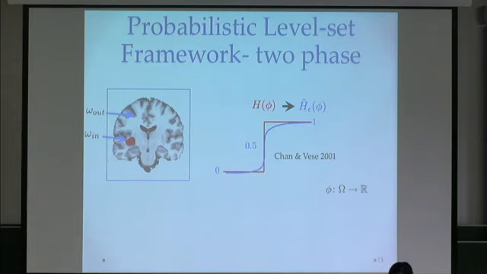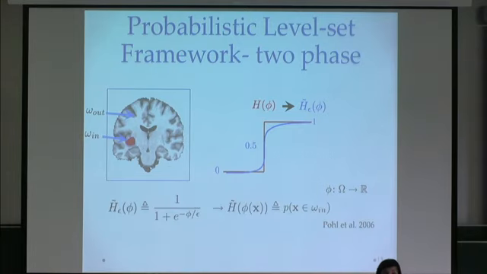What I propose here is to replace this sigmoid by a logistic regression function. Now it behaves similarly, but once we do that, I can assign the Heaviside of phi of a particular voxel x the meaning of probability. So note that the boundary voxels, the zero level set, have the probability of 0.5 to be part of the region of interest.